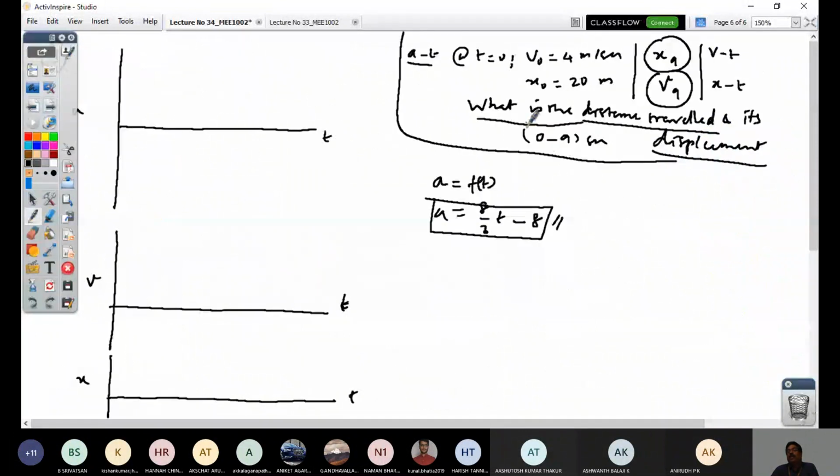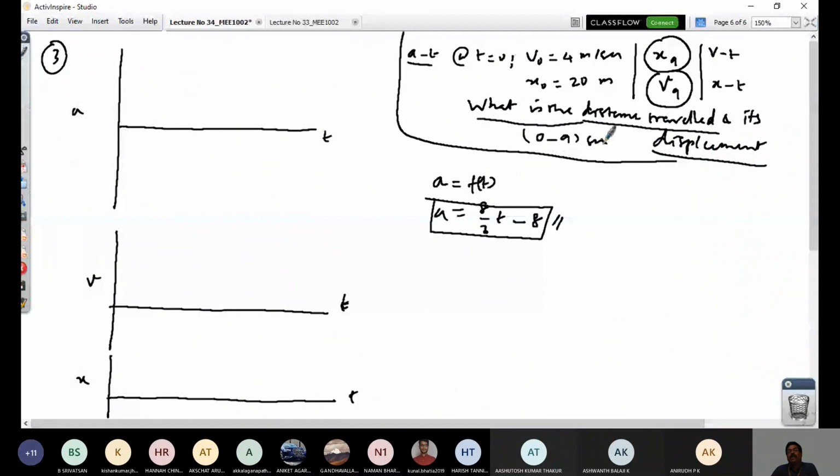Like the question that I had given you: what is the distance traveled and displacement from 0 to 9 seconds for the rigid vehicle which is undergoing rectilinear translation with an acceleration given as a function of time, 8 by 3 t minus 8. So how do you plot this? At t equal to 0, a is equal to minus 8, so it is minus 8 here.